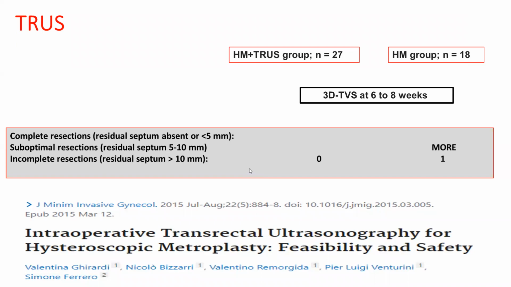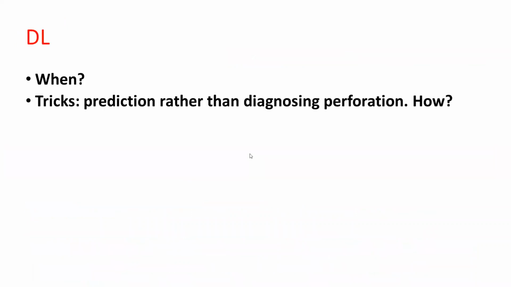Away from the vagina, you can use transrectal ultrasound, and some studies found that the incidence of suboptimal or incomplete incision is less if you use transrectal. Also, it is a little bit technically difficult in some cases.